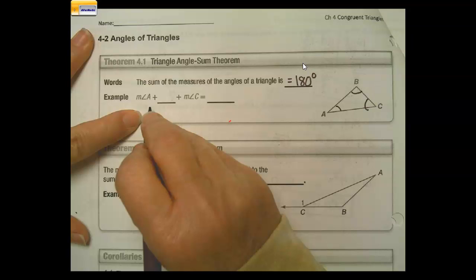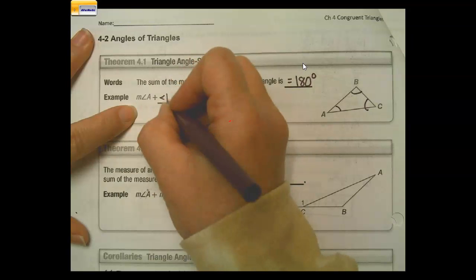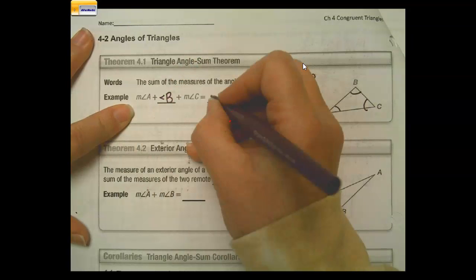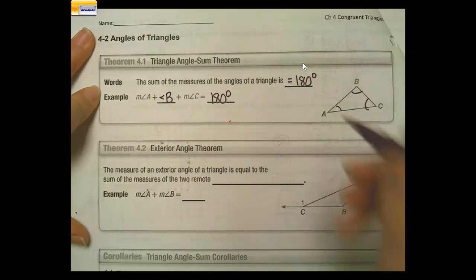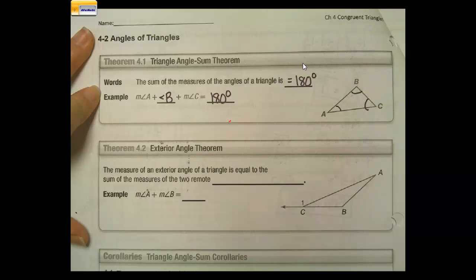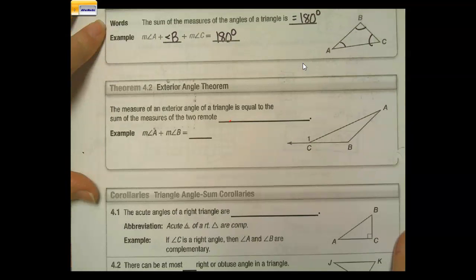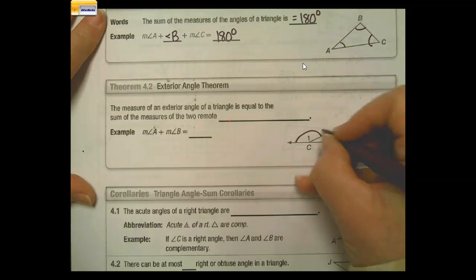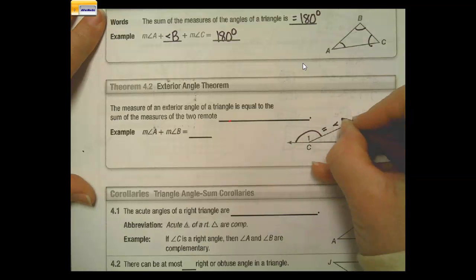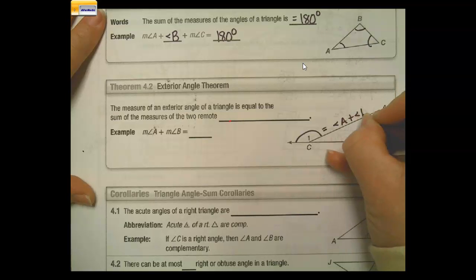So measure of angle A plus measure of angle B plus the measure of angle C equals 180 degrees. You'll use this very often. This exterior angle thing will be helpful. So this is equal to angle A plus angle B.